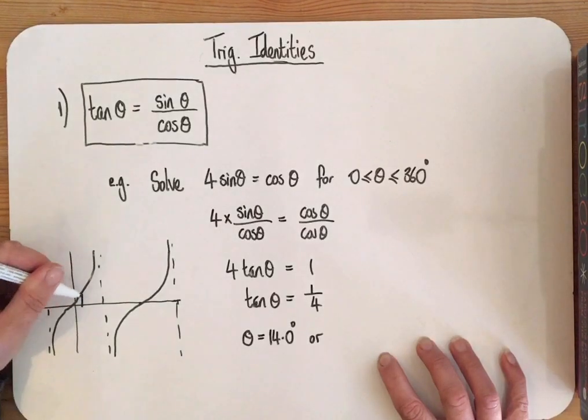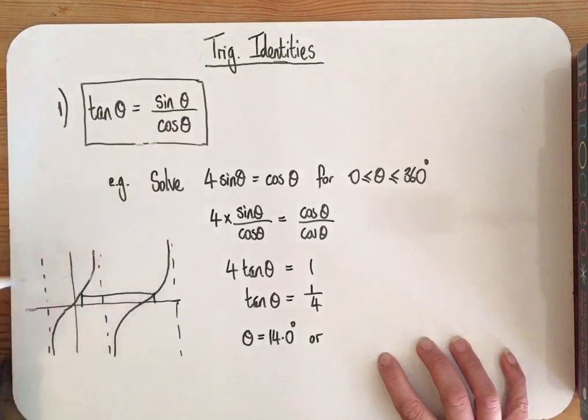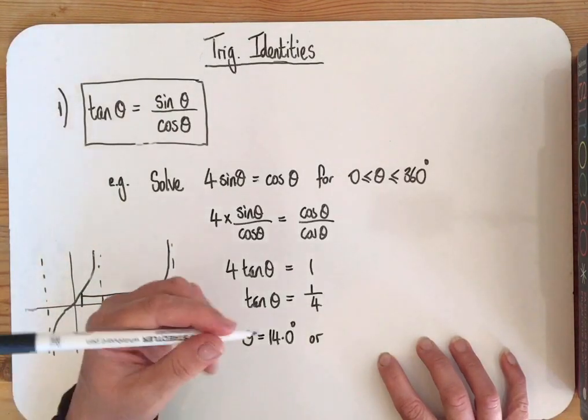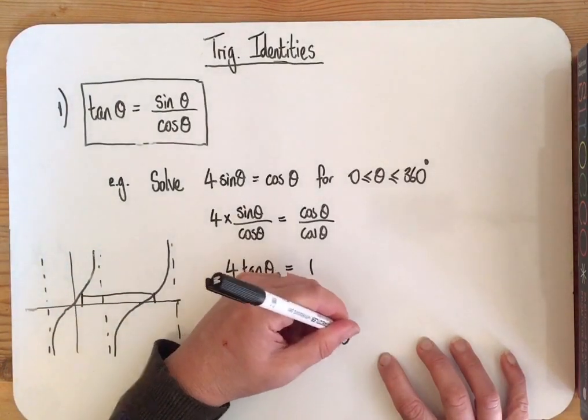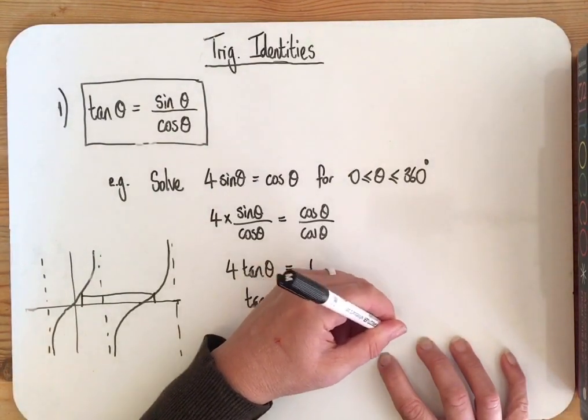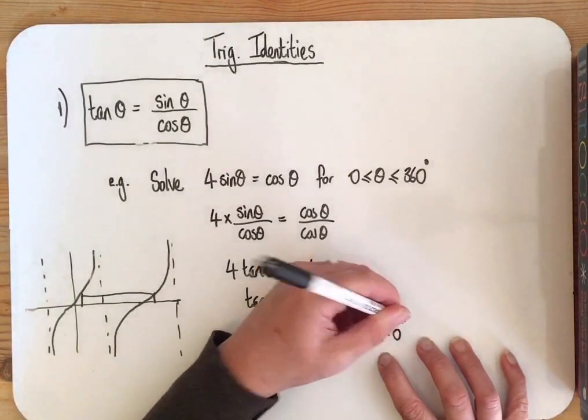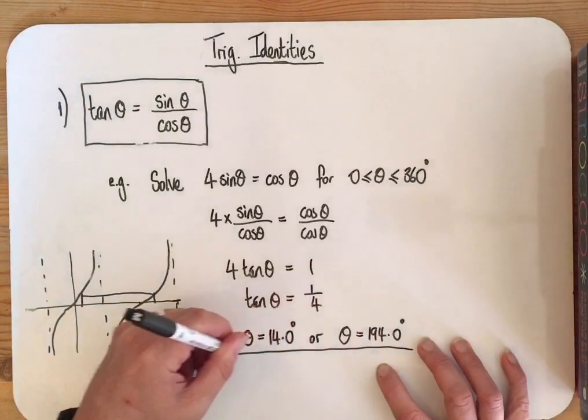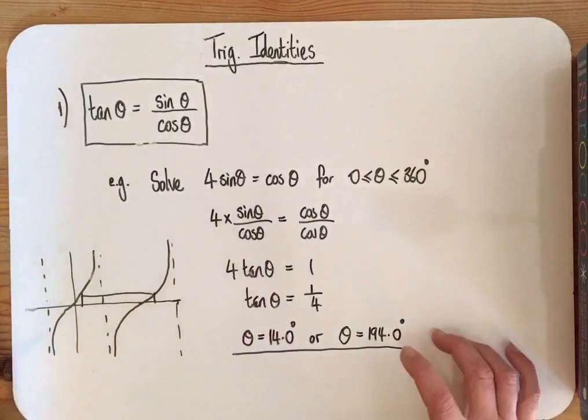So there's one at 14 and one at 194.0. So 2 solutions to that trig equation.